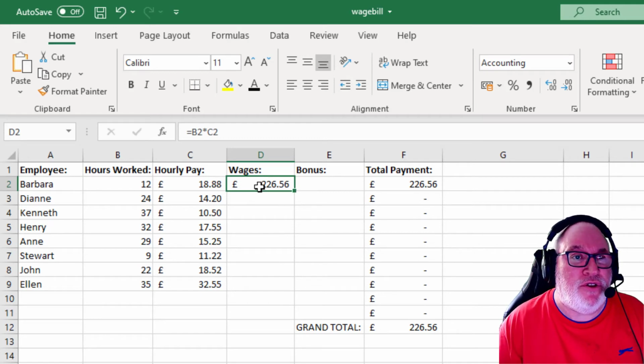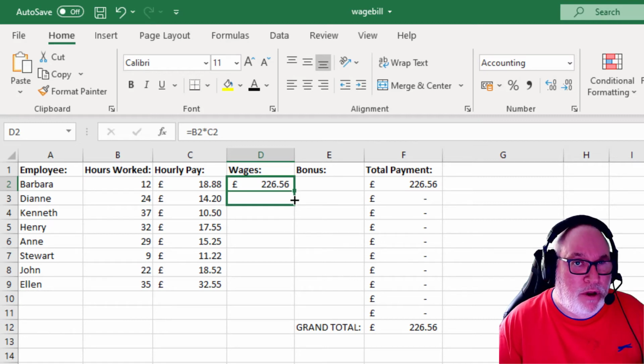So relative referencing at the moment we have equals B2 multiplied by C2 in the formula. When we fill this down, to fill down is the bottom right hand corner of the cell, you click and drag.